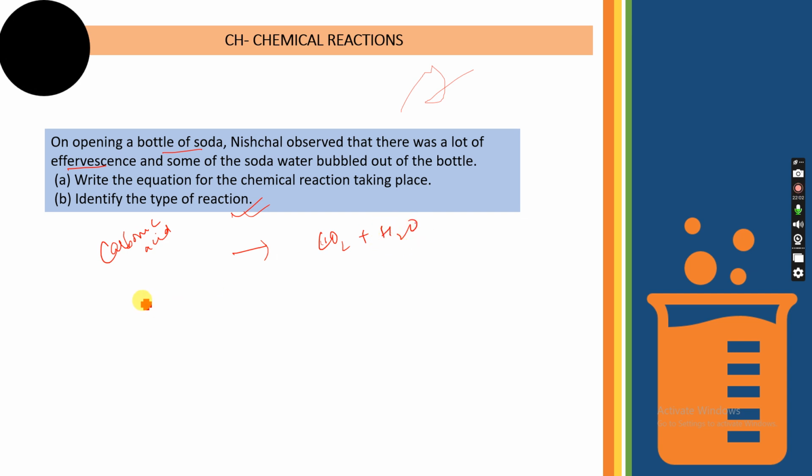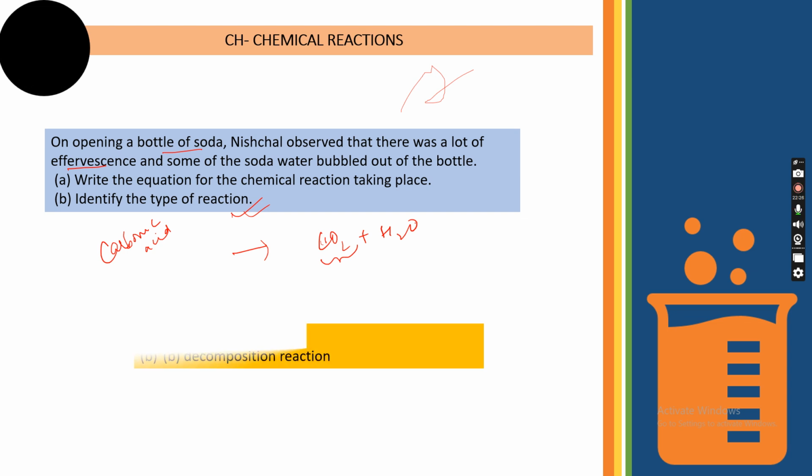That is what is present in the soda bottle. Carbonic acid is present, and as soon as the bottle is opened, the carbon dioxide gas starts releasing in the form of effervescence and bubbles, and the remaining part is water. And the type of reaction is a decomposition reaction. Carbonic acid is breaking down into two, carbon dioxide and water.